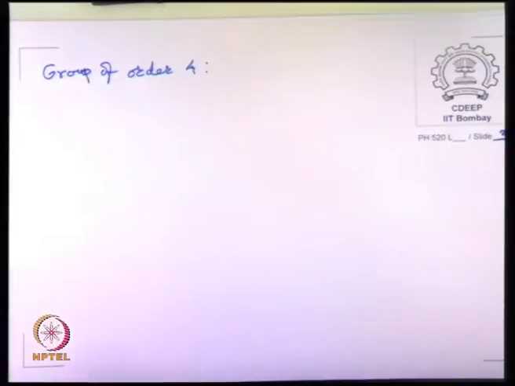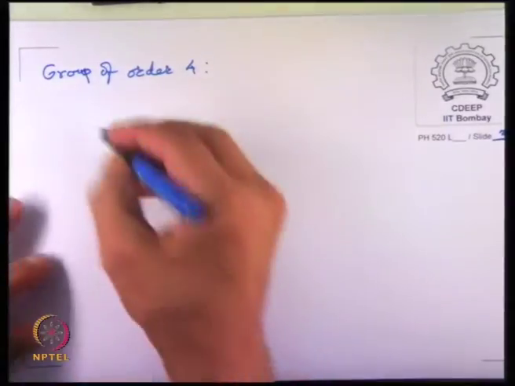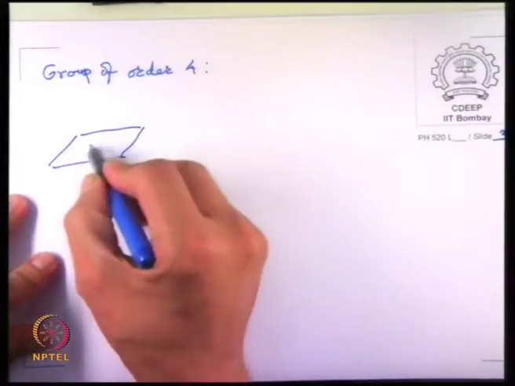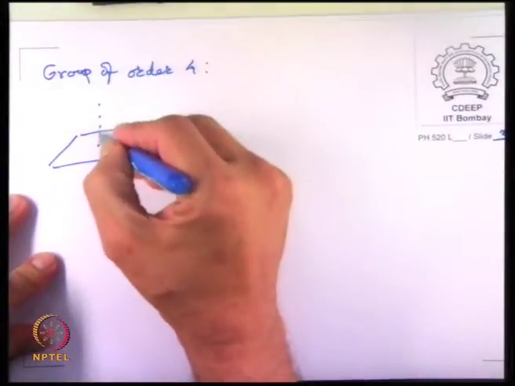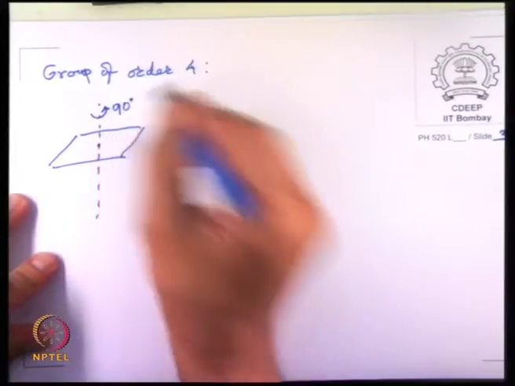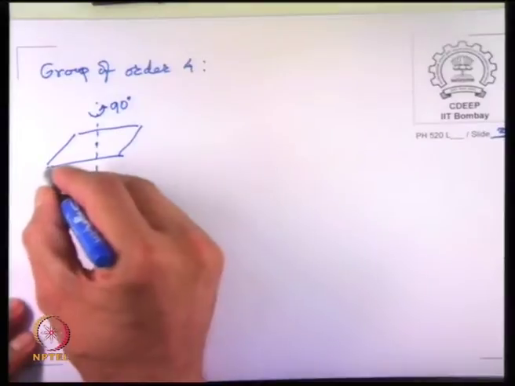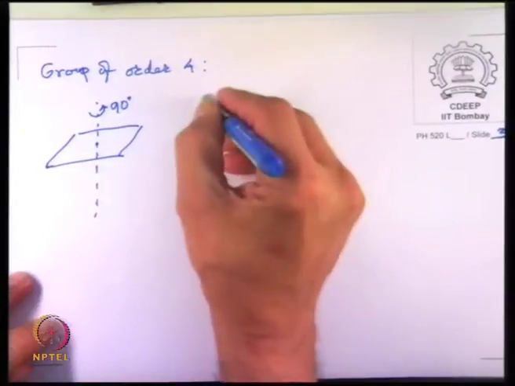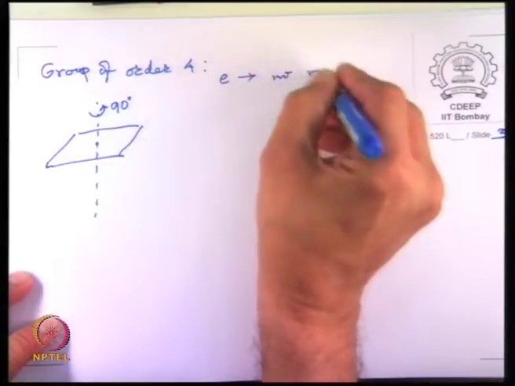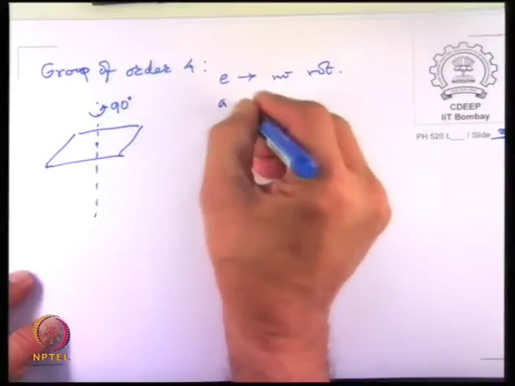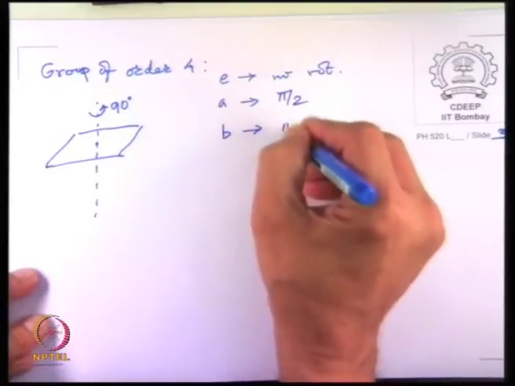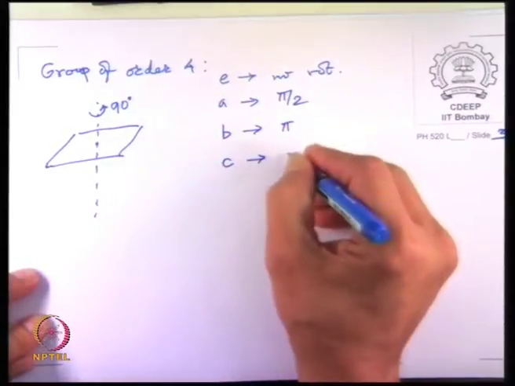Here let us think of a simple example of a square which we rotate about the axis perpendicular to it by 90 degrees at a time. So if we have a square, of course identity is no rotation, and let us say A is 90 degrees or pi by 2, B is pi, and C is 3 pi by 2.